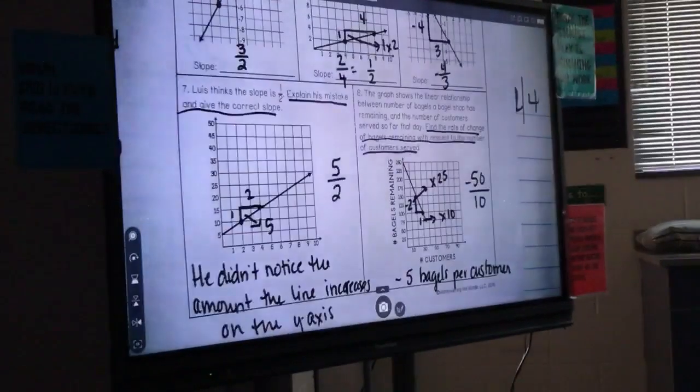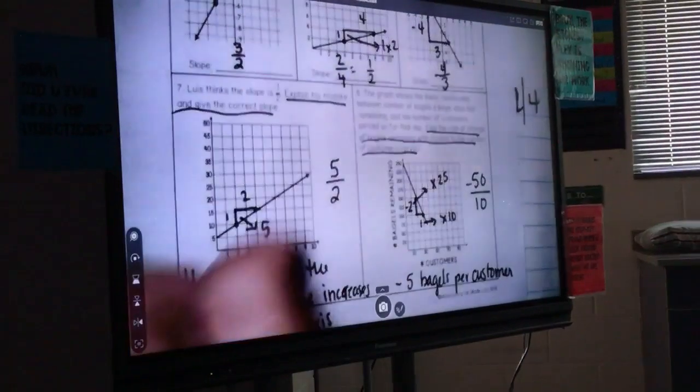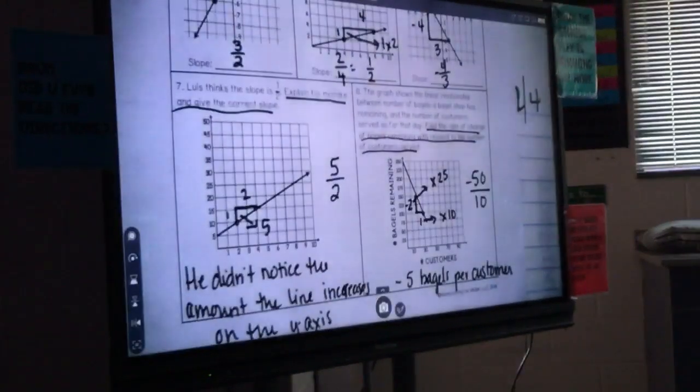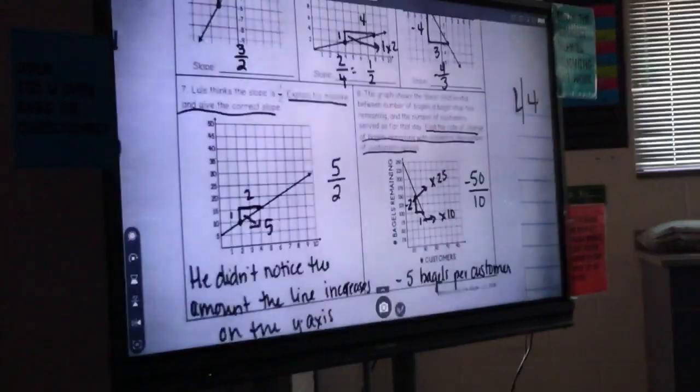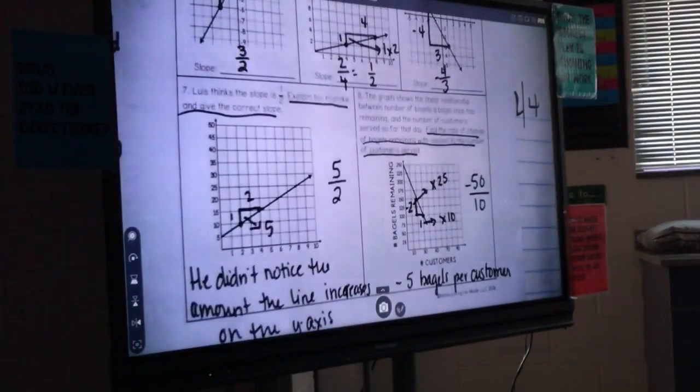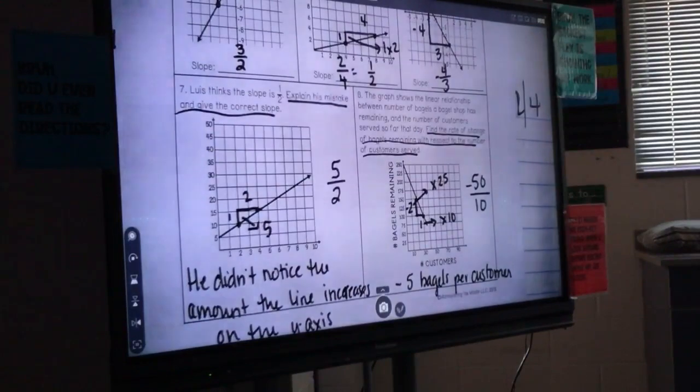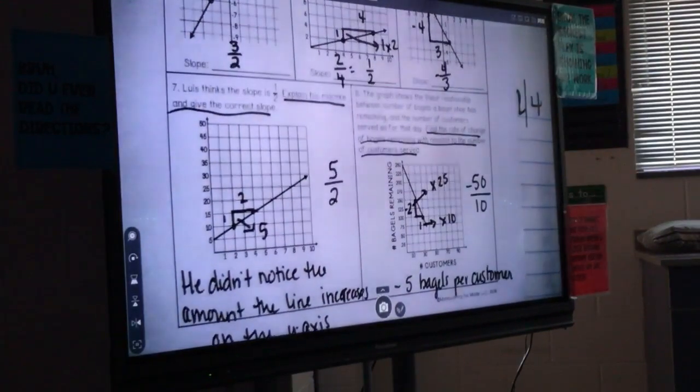This is how I solved this one. I found the rise over the run, and then I multiplied it by 25 and by 10. Why did I only multiply it by 10 and not 20?